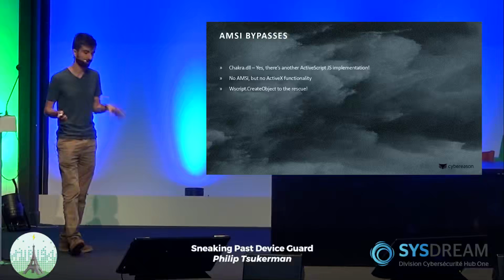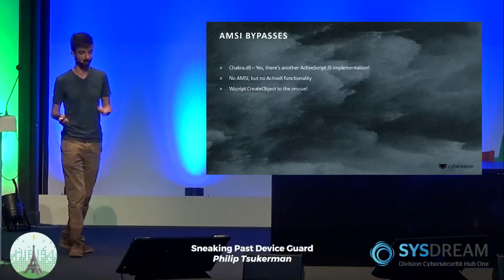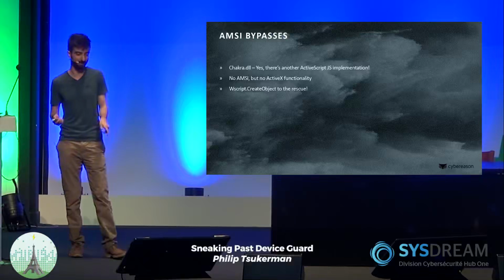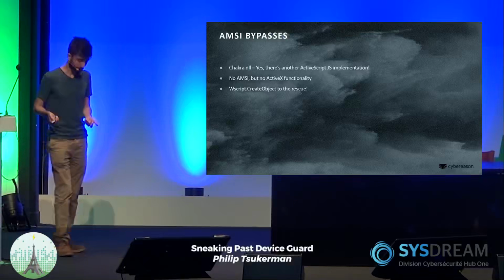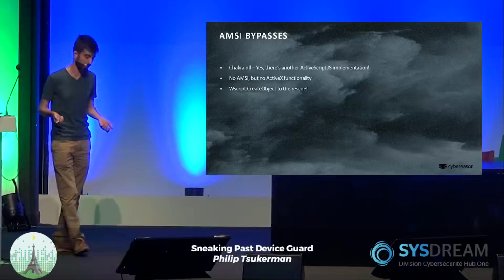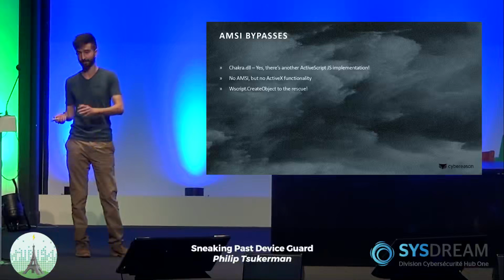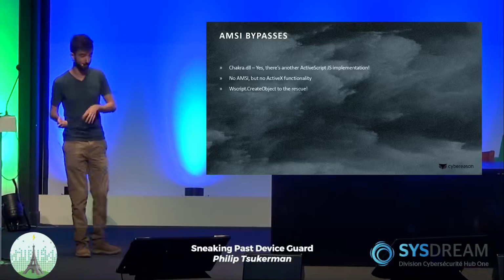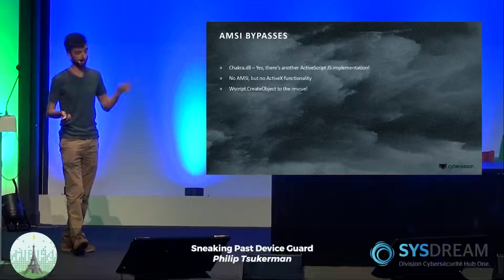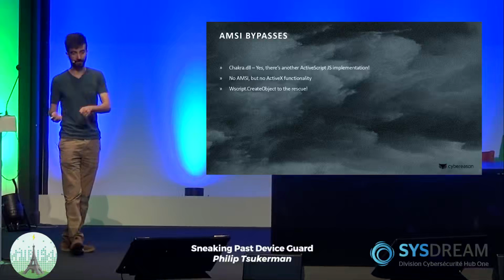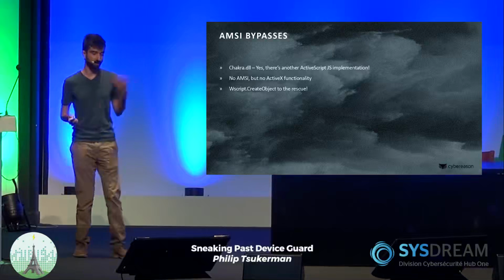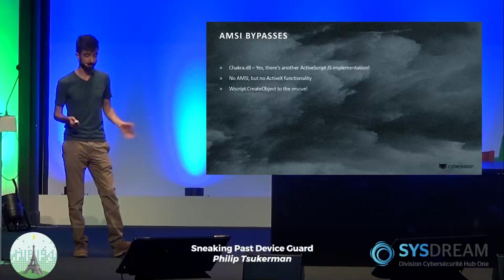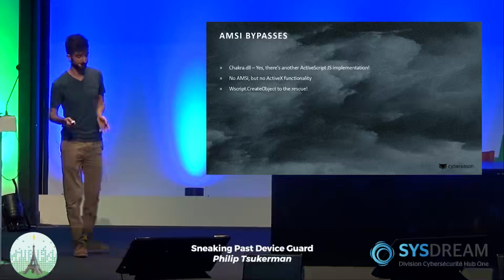But CScript and WScript actually expose a method called WScript.CreateObject, which is just a drop-in replacement. So if you have, let's say, DotNetToJScript or something like that, the only thing you need to modify in the script is to replace new ActiveXObject with WScript.CreateObject, and then run it with the Chakra DLL library instead of JScript. And that's it. You are now invisible to AMSI.